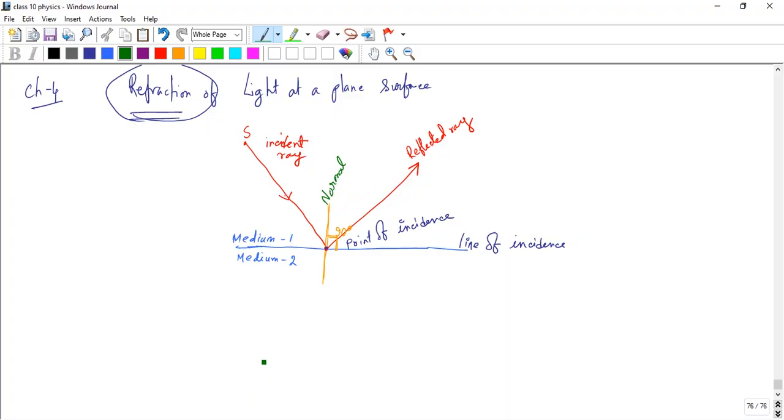The angle between the normal and the incident ray is called I, the angle of incidence. The angle between the normal and the reflected ray is R, called the reflected angle.